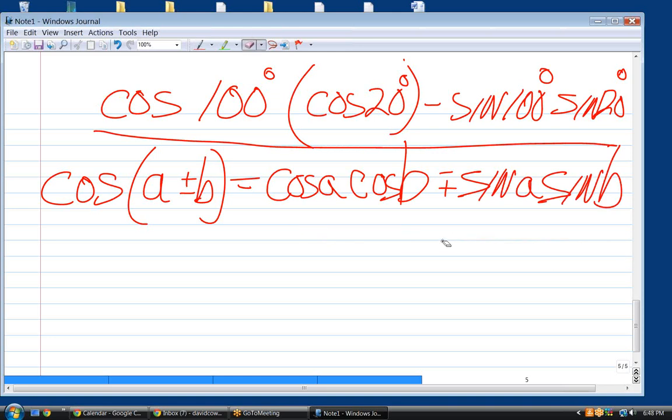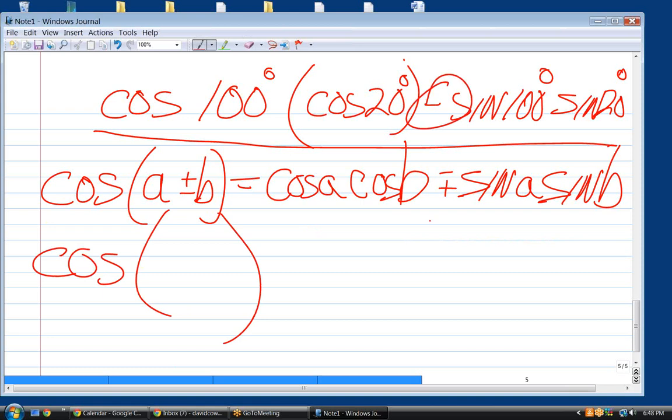So let's put it back together. What is this going to be? We got a minus sign there, so it must be the plus. And the two angles have to be 120. So what we're really looking for is the cosine of 120.